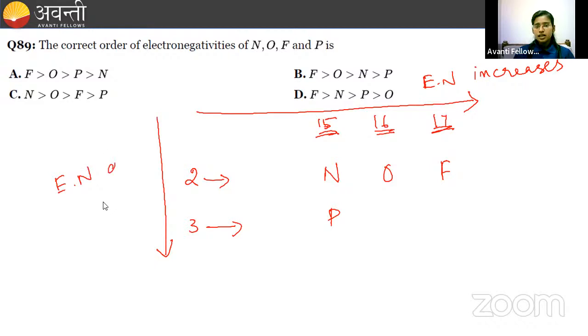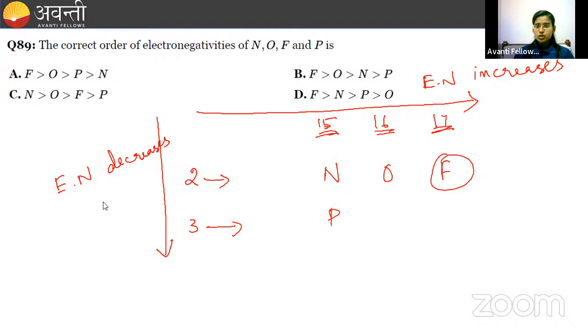electronegativity decreases. Okay. So which is the most electronegative element here? Fluorine. Fluorine is the most electronegative element and it is given in option A, B and D. So next, the second most electronegative element is oxygen.